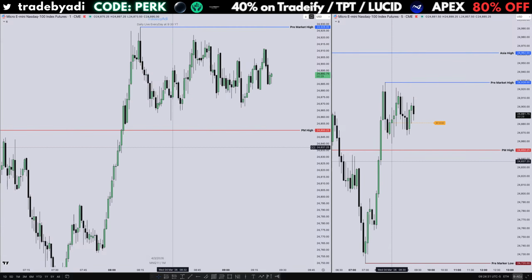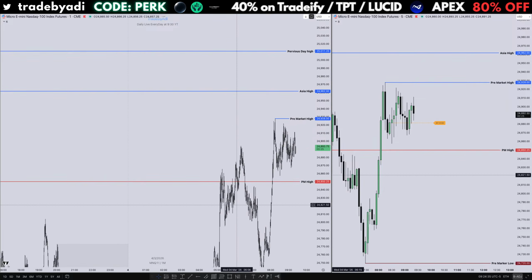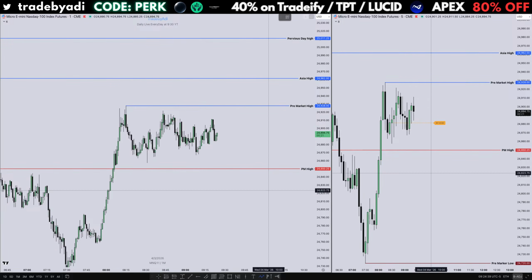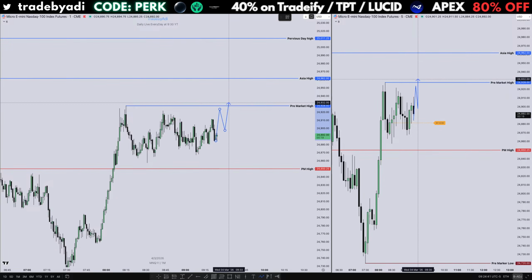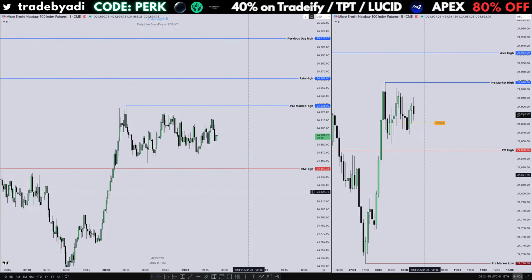Right now, what I'm saying is we do have a bullish flag. If the bullish flag is going to fail like this, zigzag, then it was easy to trade.